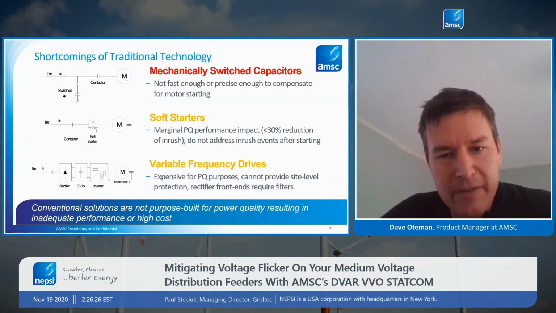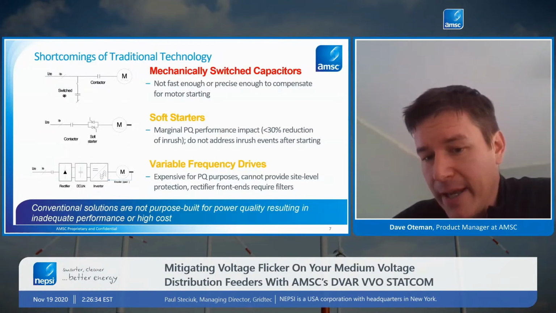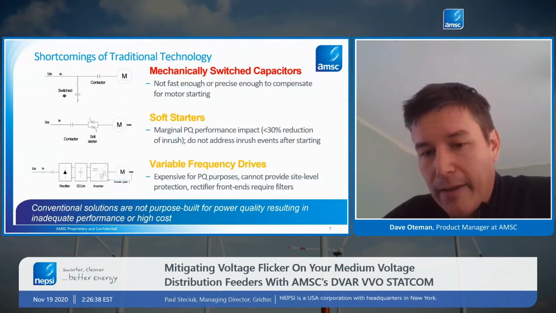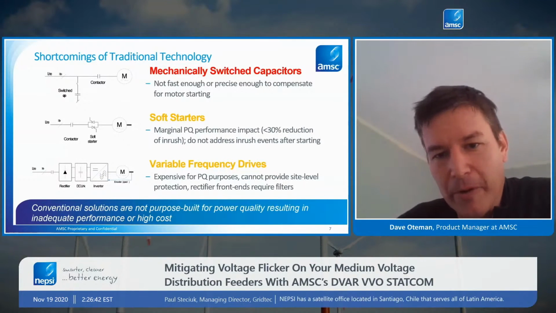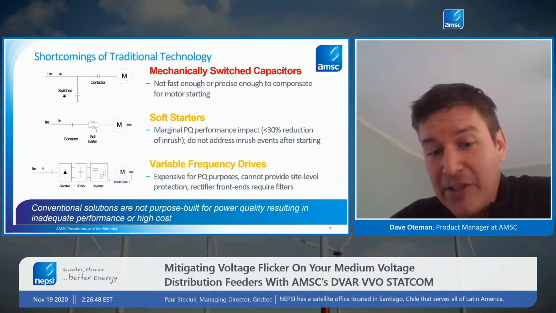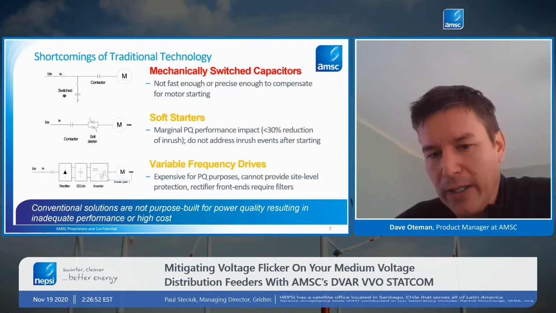And then VFDs. VFDs definitely can be used to address inrush on the feeder. However, they tend to be an expensive option. They also need to be applied on a per motor basis. So for example, we talked about that site with 12 motors on a feeder. Each of those motors would have needed a VFD, which would drive that cost up quickly.